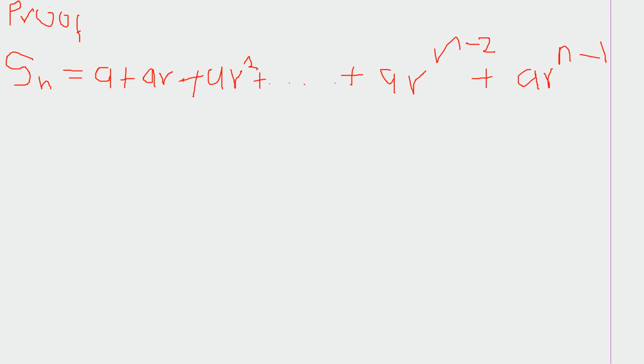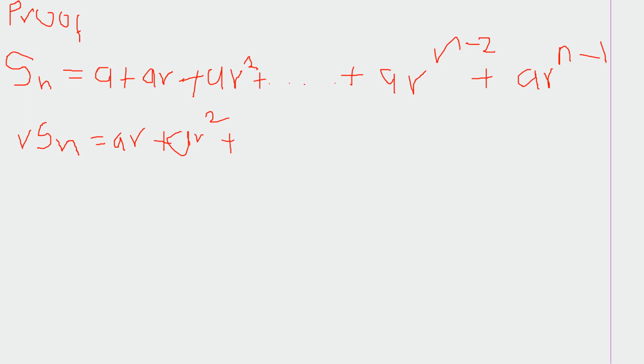So now we say r multiplied by Sn. Basically every term here in the sequence we will multiply by r. So a multiplied by r will give ar here. And then ar multiplied by r is going to be ar squared.